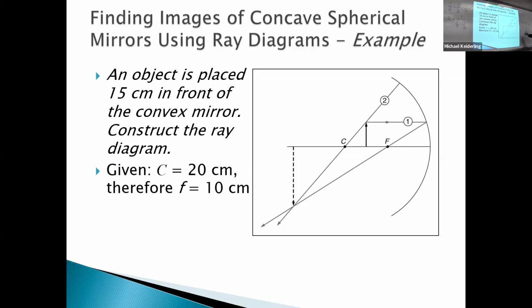So here this is 1 over 10 centimeters equals 1 over 15 centimeters plus 1 over DI. 1 over 10 centimeters minus 1 over 15 centimeters is 3 over 30 minus 2 over 30, which gives you 1/30 per centimeter equals 1/di. So di equals 30 centimeters.